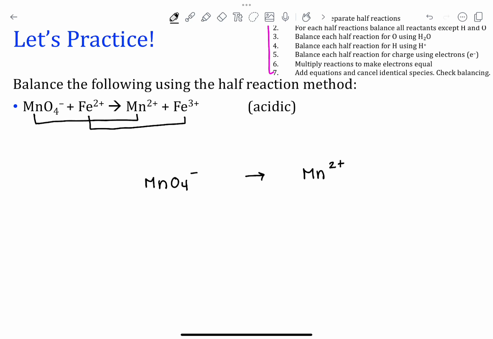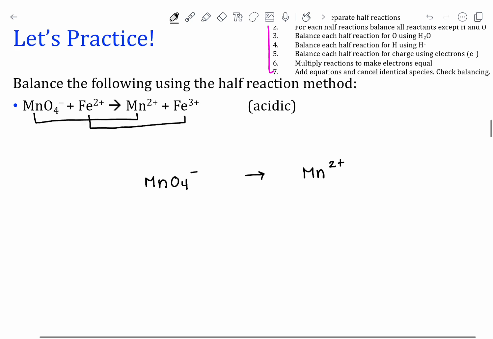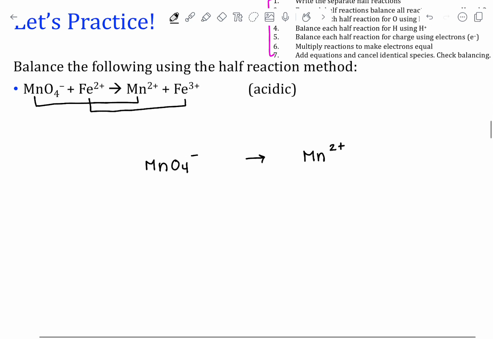I like to put these half reactions in the middle of my page with a little bit of room on either side, because you're going to have to start adding hydrogens and waters and electrons. It's not going to be a pre-balanced reaction, and that's totally fine. When we add them up, that's when the whole thing gets pretty. But give yourself the room so that you're not losing any of your charges or hydrogens or waters when you're balancing.